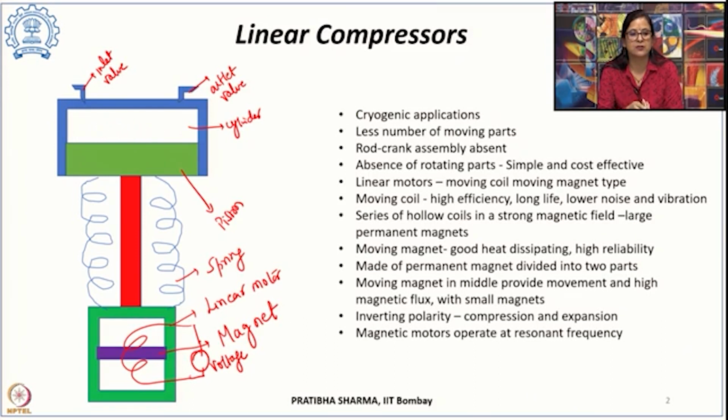And these magnetic motors usually operate at their resonant frequency, so that the ohmic losses are less, and then there is a direct coupling of these motors with the piston.